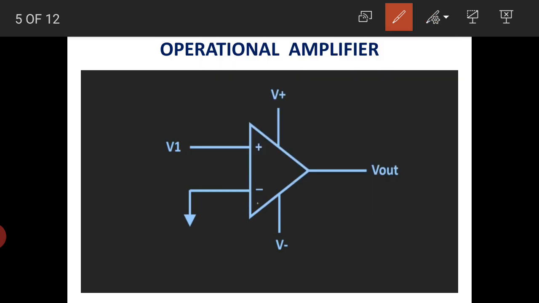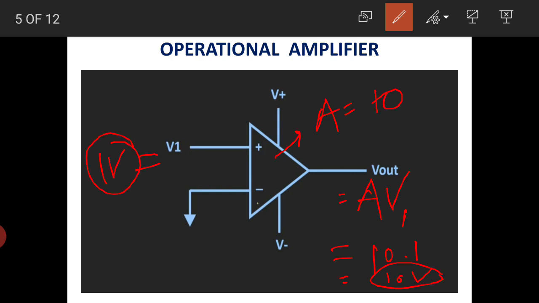For example, we concluded that the output is equal to A into V1. If V1 is equal to 1 volt and A is equal to 10, then Vout will be equal to 10 into 1, which is 10 volts. So you can see that at the input we provided only 1 volt, but at the output we are getting 10 volts.